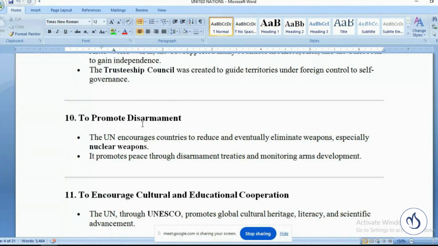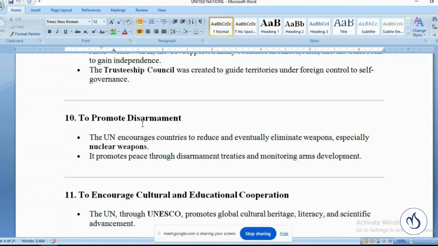This policy was initiated most especially around the 1930s and 1940s, after World War One, aiming to weaken the states that were involved in World War One.